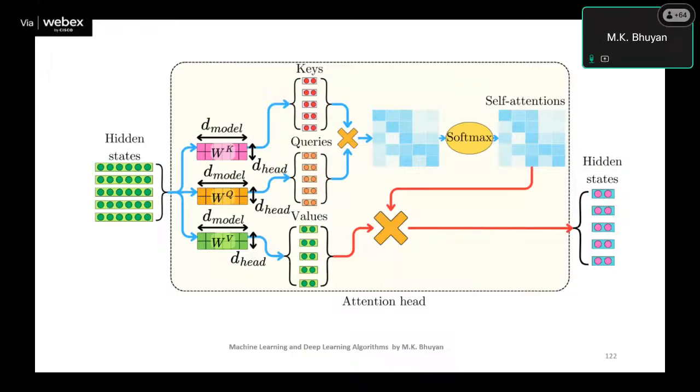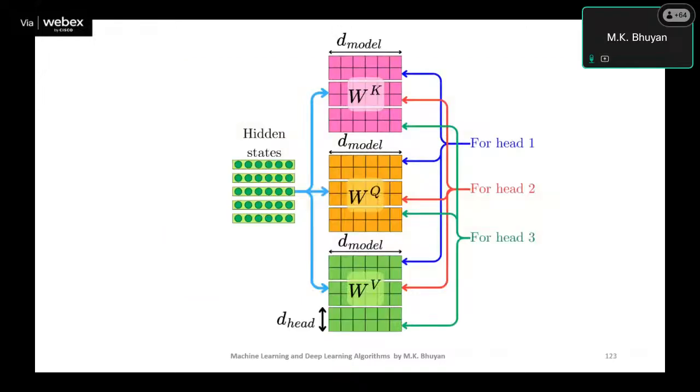If I want to generate the smaller context vectors, we can consider the matrices WK, WQ, and WV with size D model into D head. So WK is D model into D head, and I am getting the smaller context vectors. The smaller context vector we can determine like this.